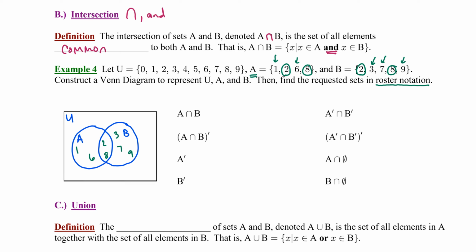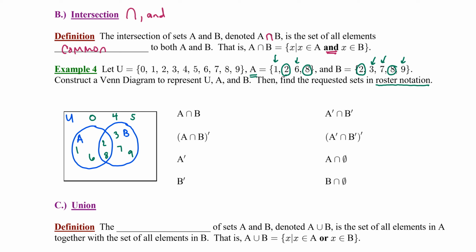Recall that the universal set contains the digits from 0 to 9. So there's a few of those values that have not yet been placed on the Venn diagram. Everything in circle A and B is accounted for, so let's figure out what's left in set U that is not in set A and B, and we'll place those outside of circles A and B. So we have 0, 1, 2, 3, and then 4, 5, 6, 7, 8, and 9 are all accounted for.